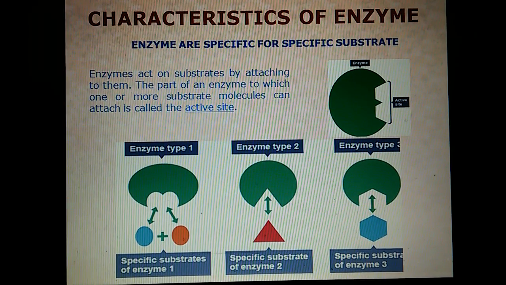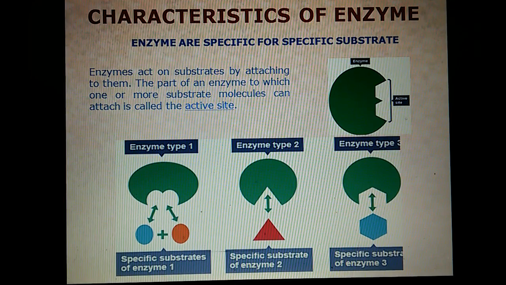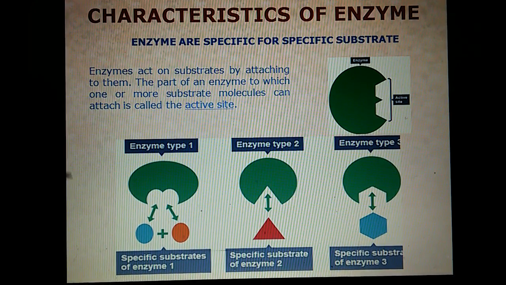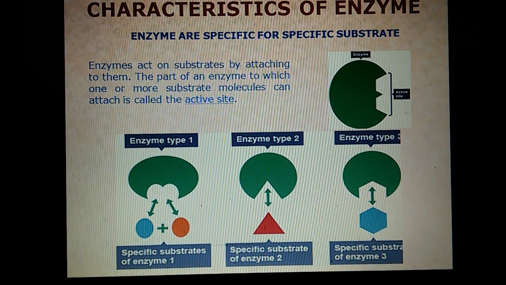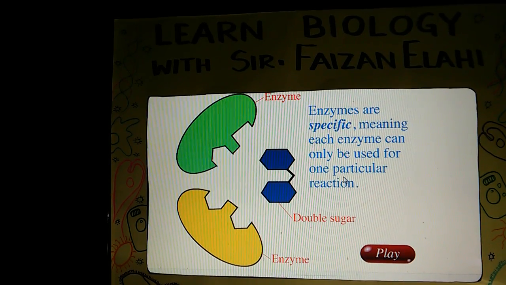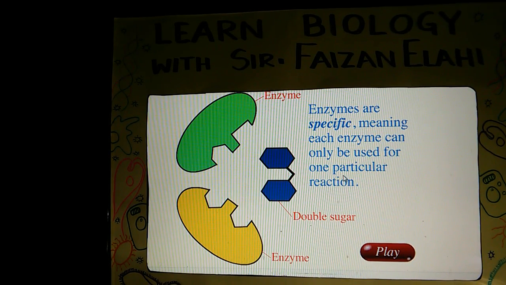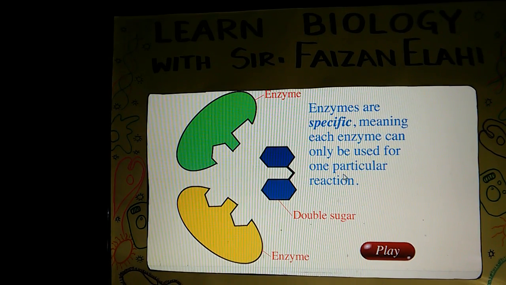I'm going to show you another animation by which you can understand the active site and the attachment of the substrate with the active site. Now this is the animation where you find the nature of the enzyme and the nature of the substrate.